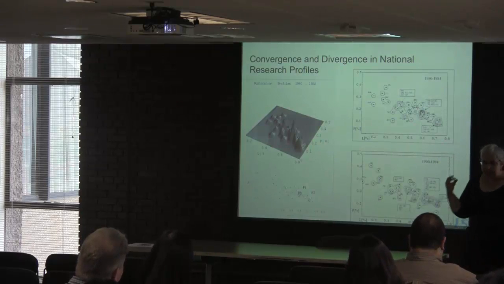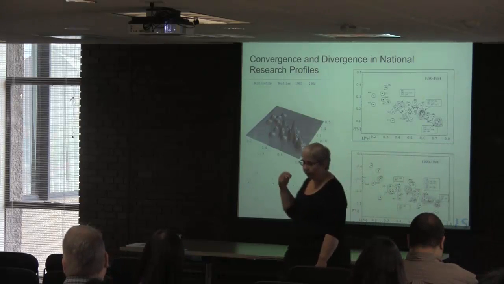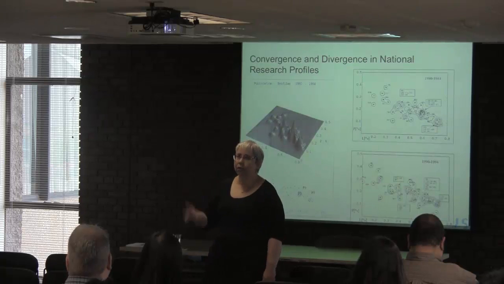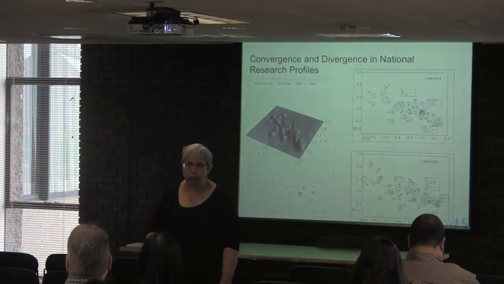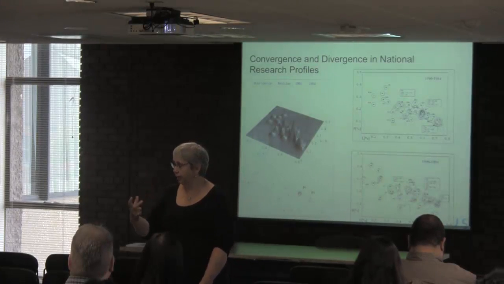From the Science Citation Index, you can get not only information about the journals or individual researchers, you also get information about institutions and what they produce. And you can aggregate it to countries.